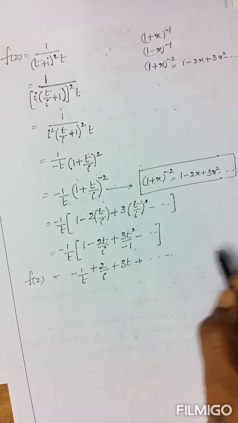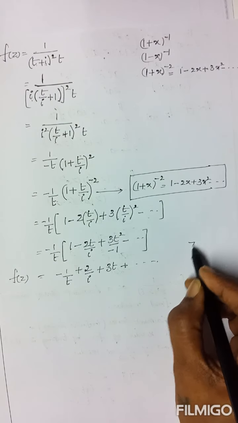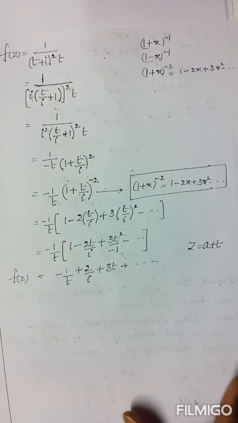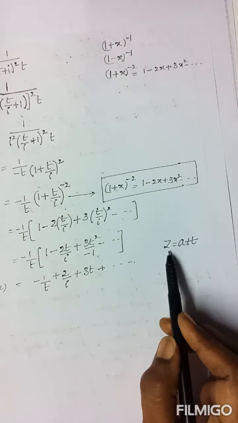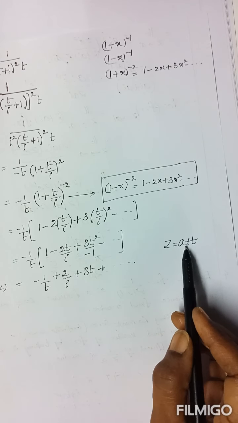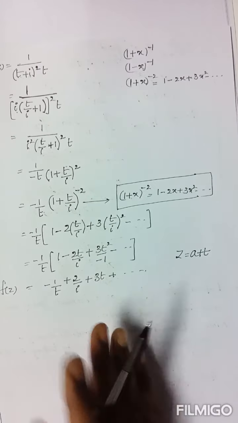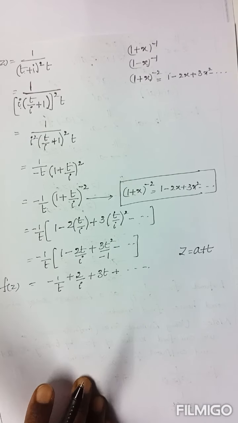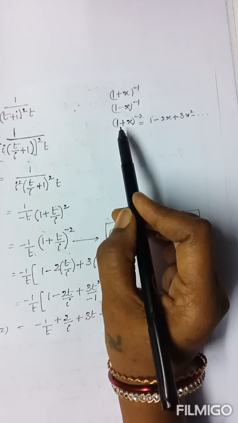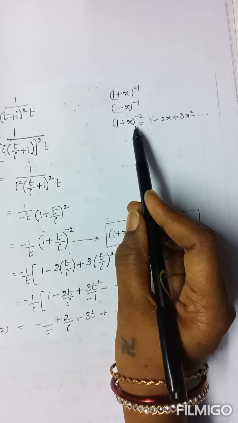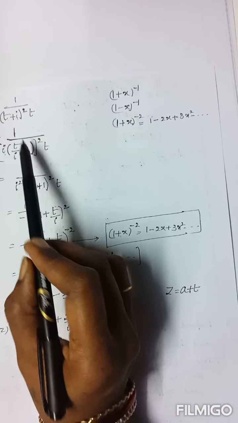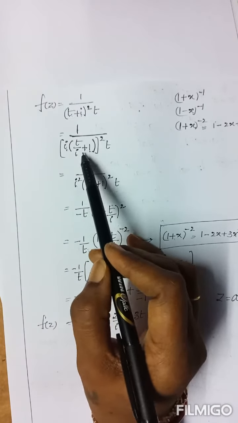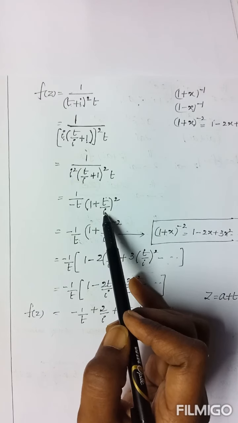The Laurent procedure is z equal to a plus t. For the expansion of a Laurent series, first consider z equal to the given point plus t. The remaining part is as usual the infinite series form. The infinite series form is nothing but the first place term should be 1, and the second place should be the function. So to get 1 here, first I considered the constant outside, then automatically it will be changed as (1 plus x) whole square.